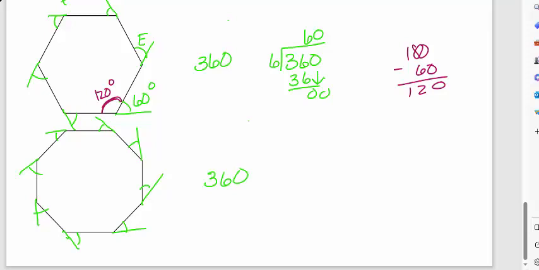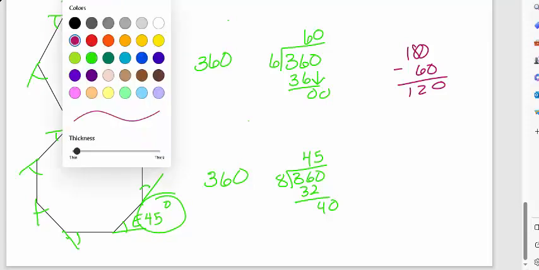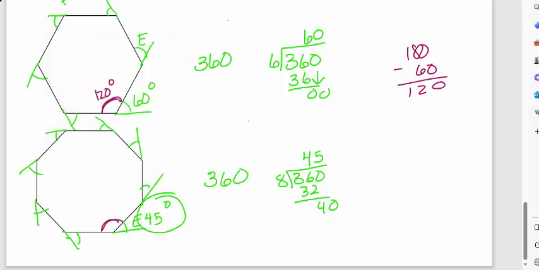To figure out the measure of one exterior angle, we do 360 divided by 8. 8 times 4 is 32. So one exterior angle here is 45 degrees. So to figure out the interior angle, we have to find the supplementary angle for that. So we do 180, take away 45, and we get 135.